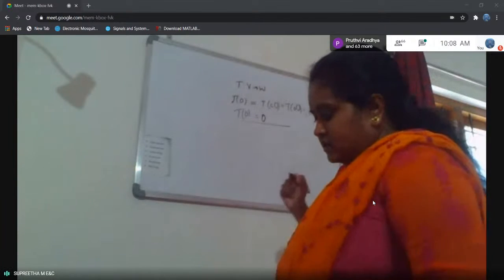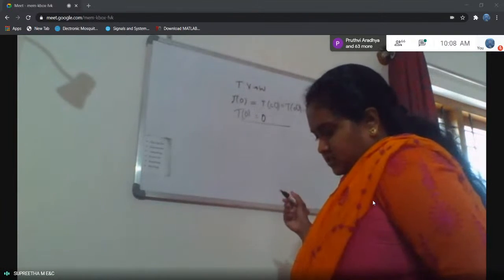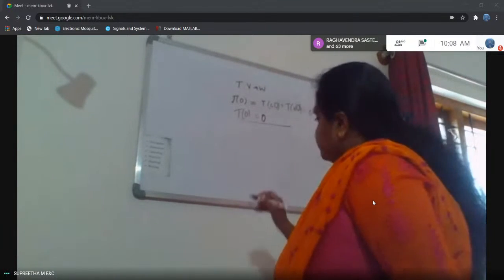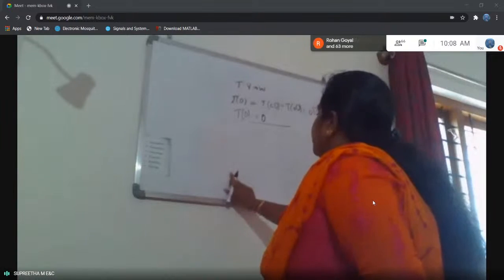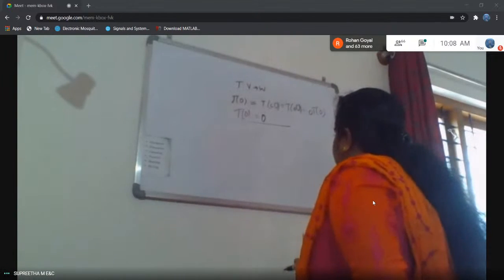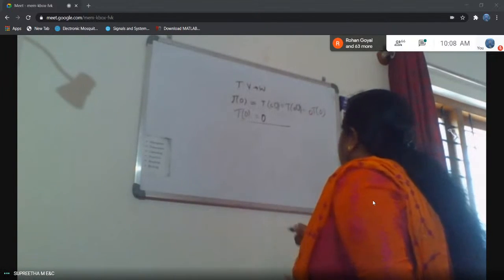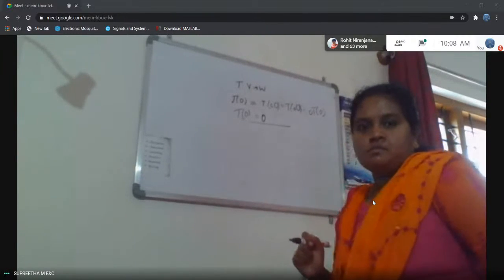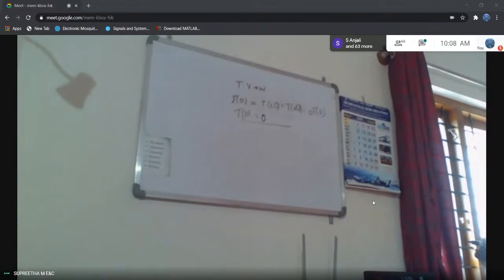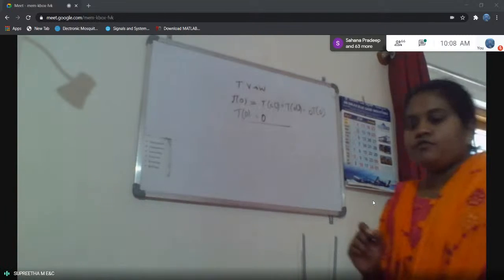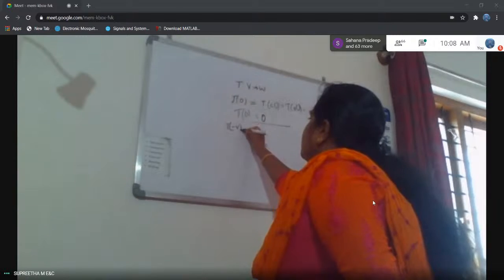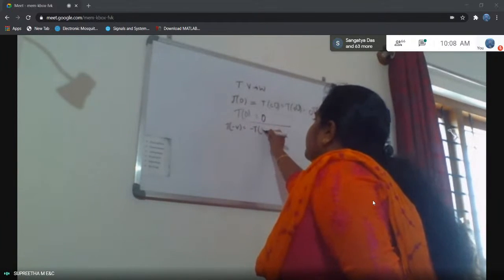What does the other proof say? Which is the second property? Tell me the second property. T of minus v is equal to minus T of v.